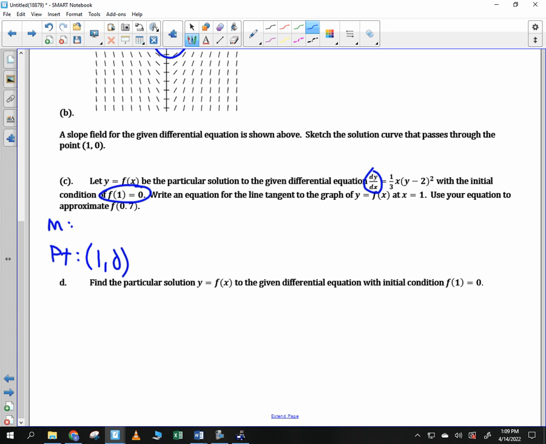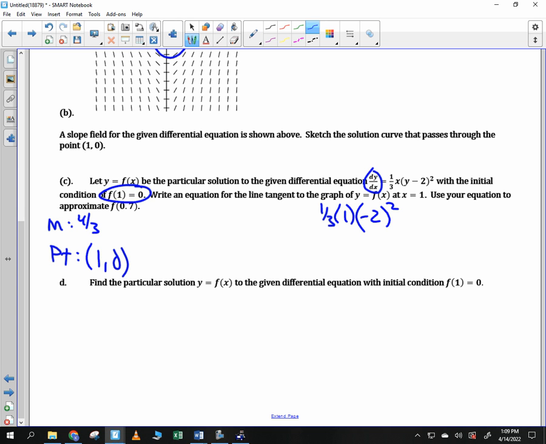So if we plug in the point, we get 1/3 times what? 1 times, what is y? So I got -2 squared. So what is 1/3 times -2 squared? 4/3. Not too bad, right?